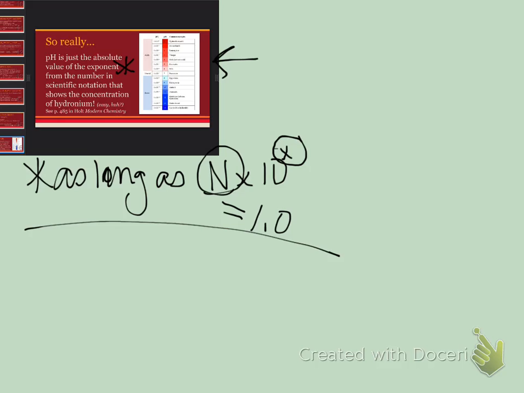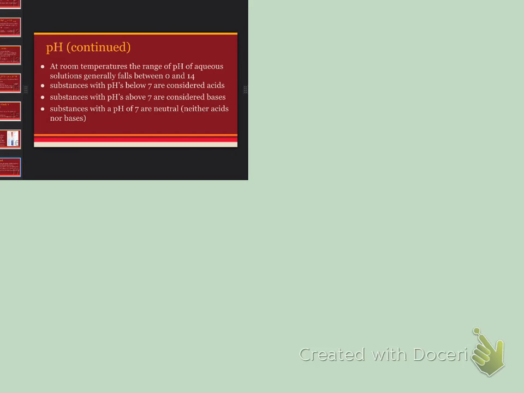And every step up of 1 in pH is a step up of 10 times. And remember, we're talking about here at room temperature because remember, what happens as we increase temperature?